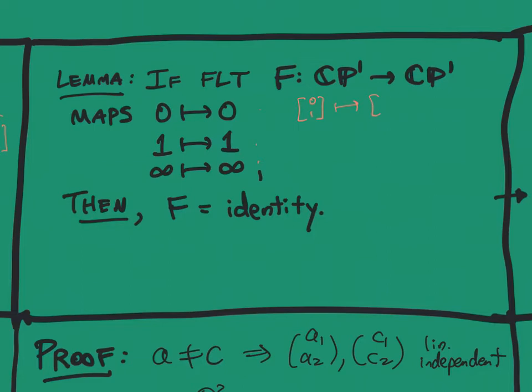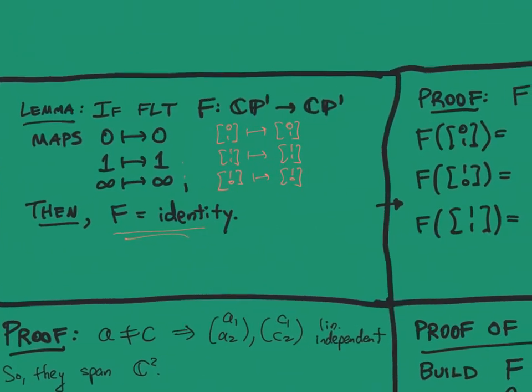So we're sending 0 is [0, 1], 1 is [1, 1], and infinity is [1, 0]. So if we have a fractional linear transformation that fixes these 3 points, then it has to be the identity map. And we can just show this pretty directly.